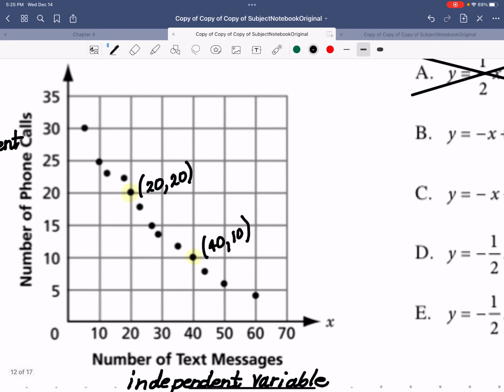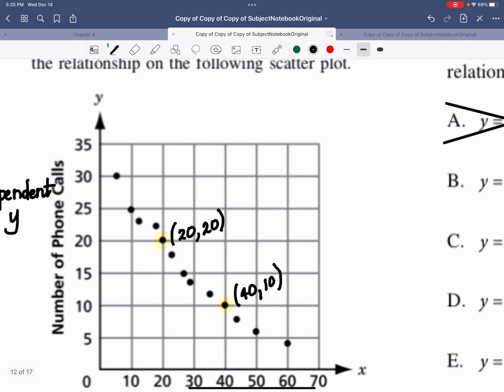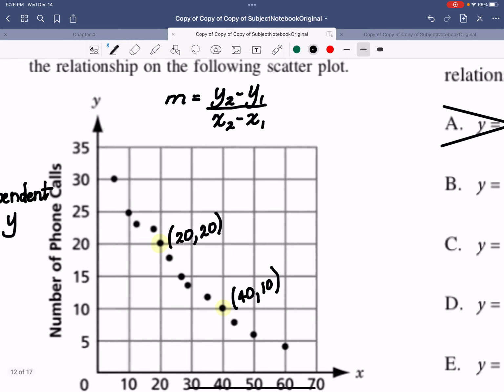So that will give me slope. I can use the slope formula to find the slope here. So I'm going to say m equals y sub 2 minus y sub 1 over x sub 2 minus x sub 1. And I'm going to let this be the first point and this be the second point.